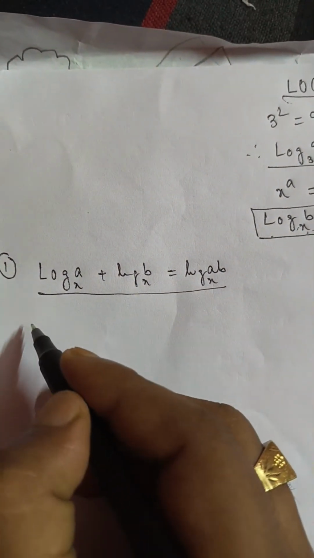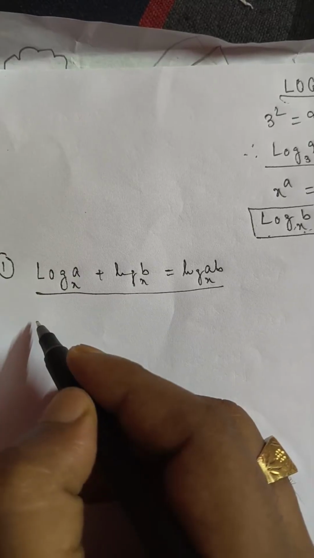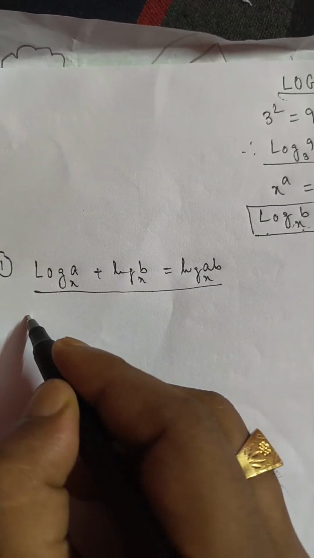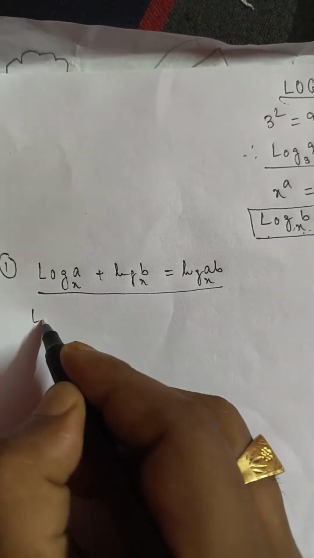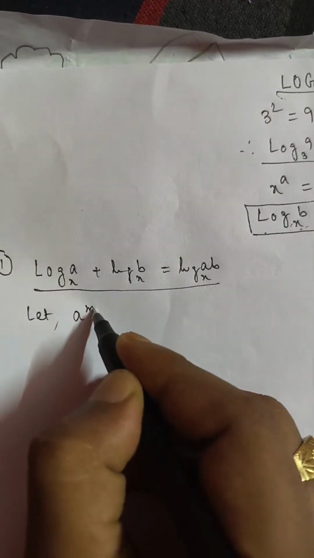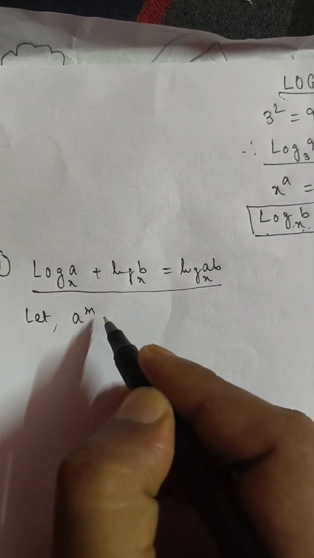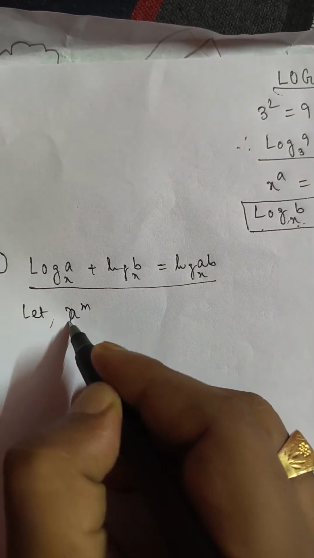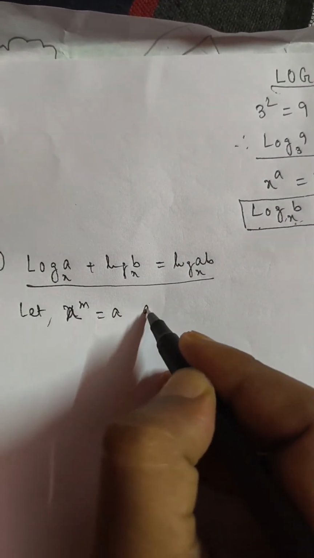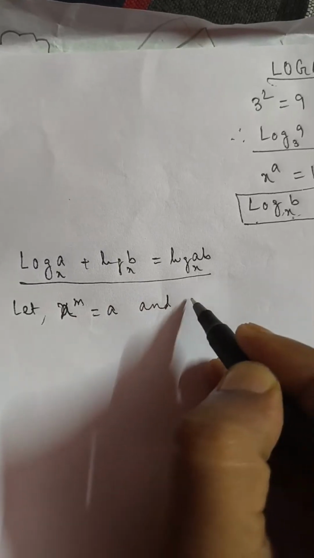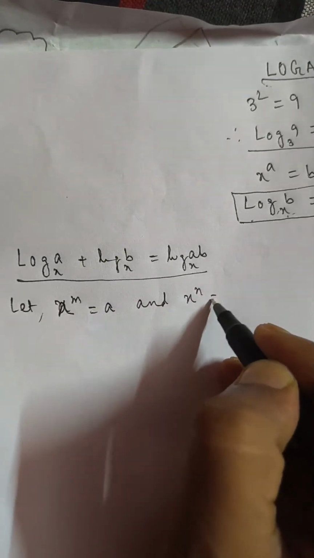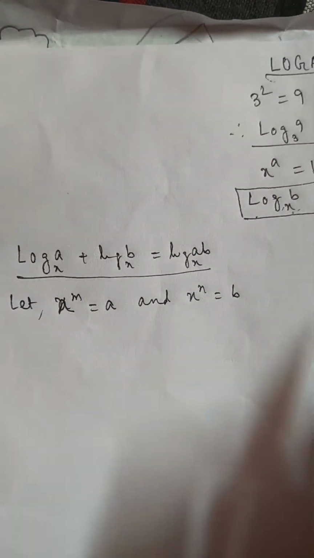We will take it in this way: let x to the power m is equal to a, and x to the power n is equal to b.